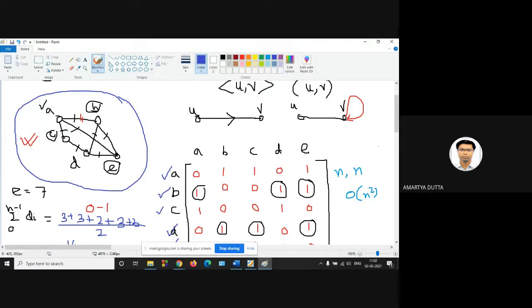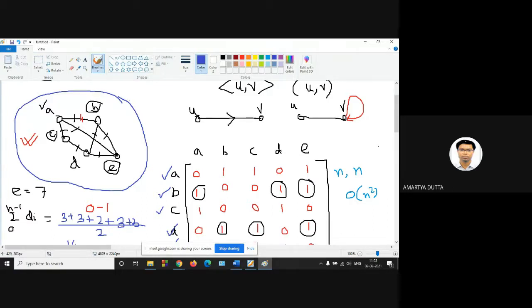But what do you mean by tree traversal? Any idea? Anyone? Tree traversal means in-order, pre-order, post-order. You have to traverse the whole given tree.